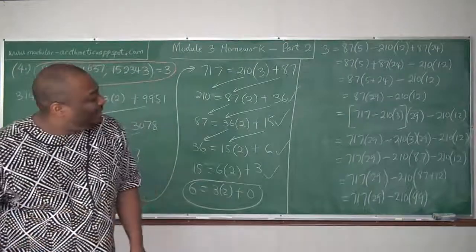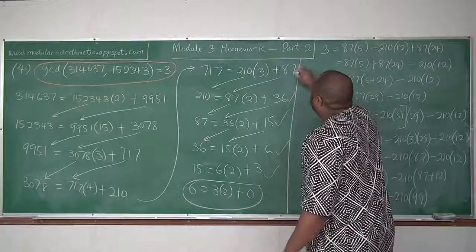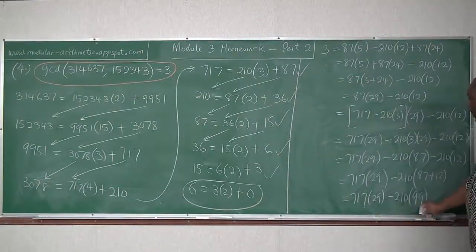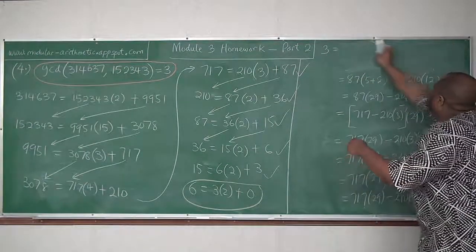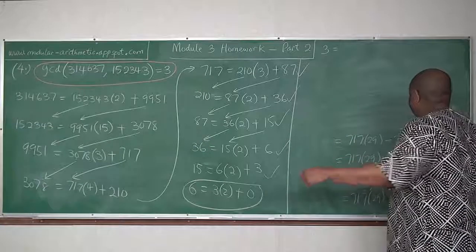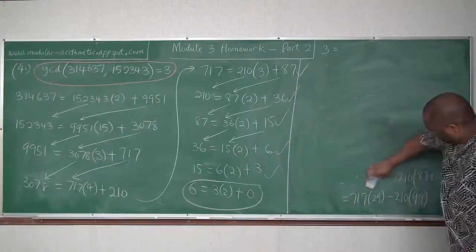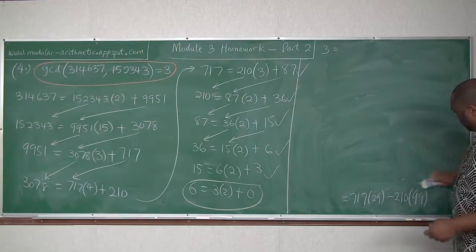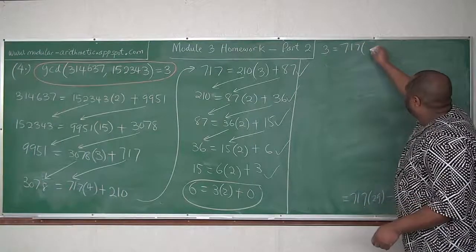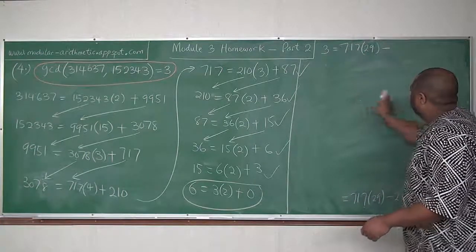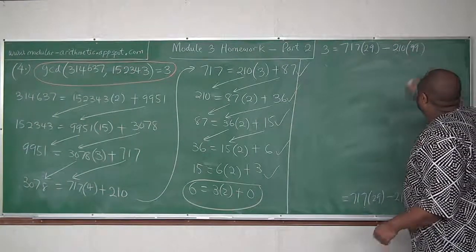Works. Okay, so I got this here. Alright, so I'm going to come here and write this: 717 times 29 minus 210 times 99.